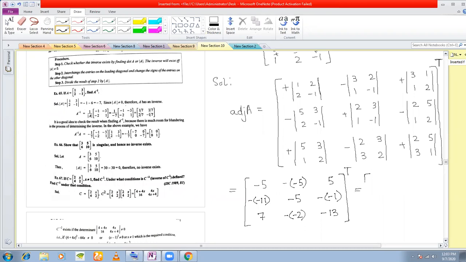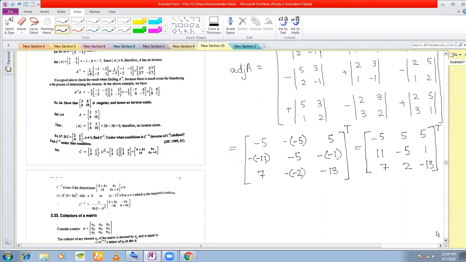So now you change all the brackets: minus 5, 5, 5, 11, minus 5, 1, 7, 2, minus 13. The transpose of this matrix. What is the transpose?